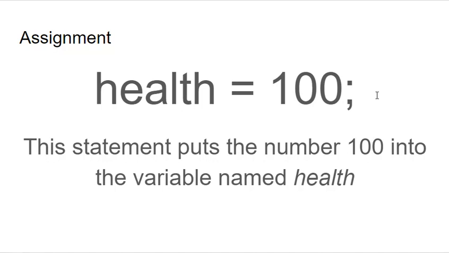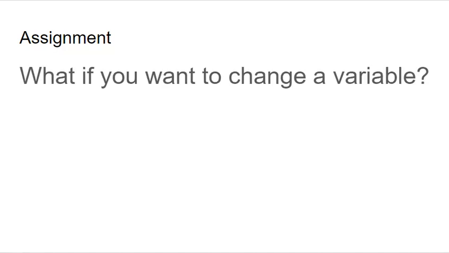In the Lantern language, just like C, everything's going to end in a semicolon. So we are taking the number 100 and storing it in health. That is what one equal sign means. So that's how you can change the value of a variable or set a variable.